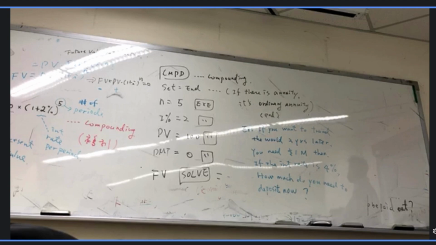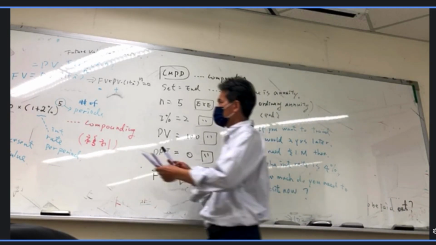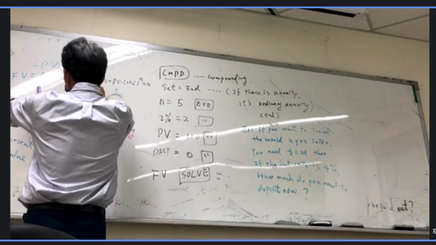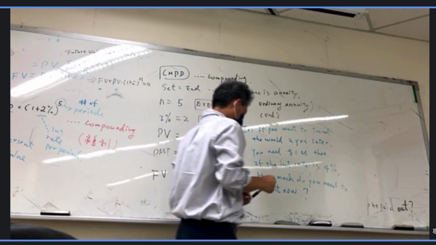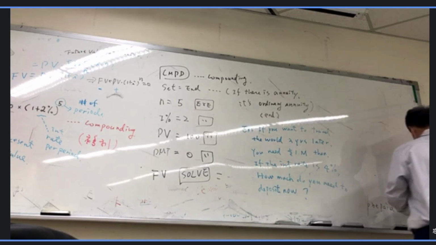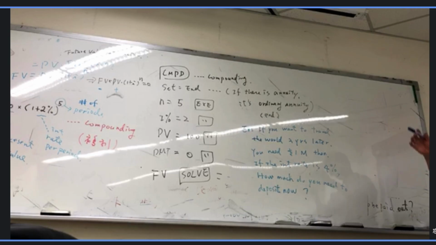So we know how much in the future, which is a future value, then we need to find the present value. From this equation, we can rearrange it.